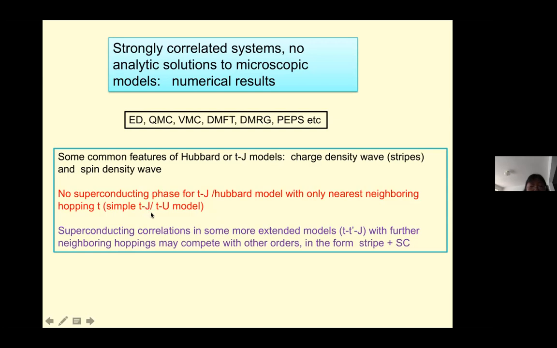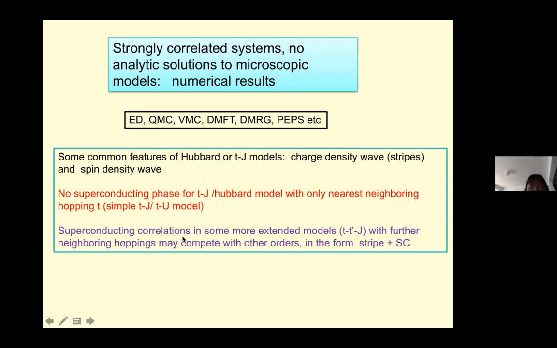Based on different combined methods, there is a conclusion about no superconducting phase for the t-J and Hubbard model with only nearest neighbor hopping. That model I will refer to as the simple t-J or t-U model.